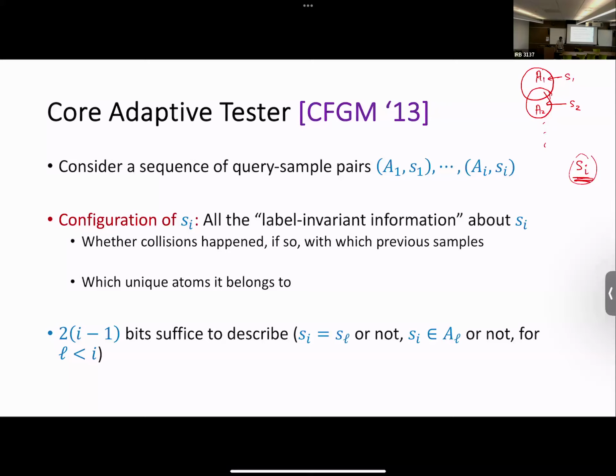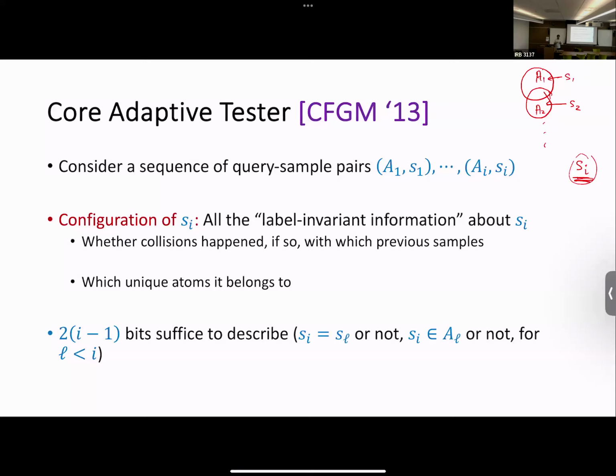So now you can see that to encode this configuration, at any step i we need only 2 to the power of 2(i minus 1) bits. Why? Because previously we have i minus 1 samples and also their corresponding sets. If I can encode which of the previous Ai's this sample Si belongs to, that automatically gives exactly which atom it belongs to.